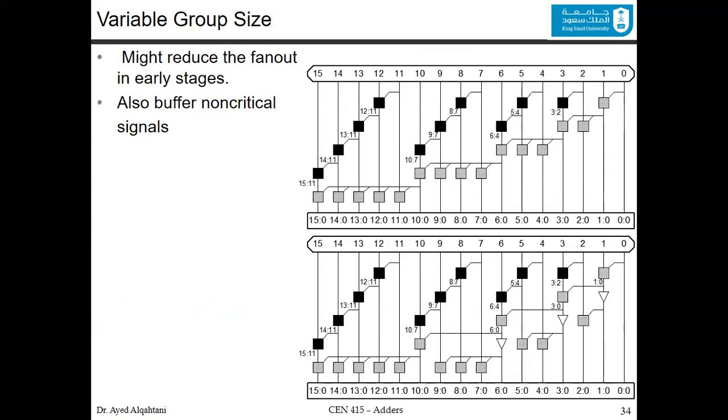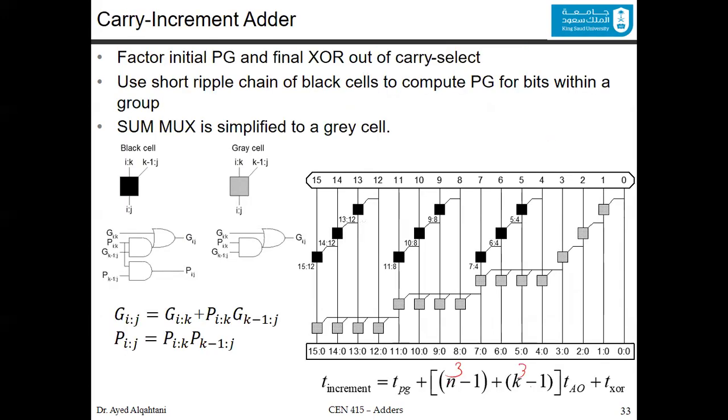So you could have variable group size, where you have the first group, second group. The first group is 2 bits, the second group is 2 bits, the third group is 3 bits, the fourth group is 4 bits, and the last group is 5 bits. And now you see some analogy here. So let's go back to understand what's going on.